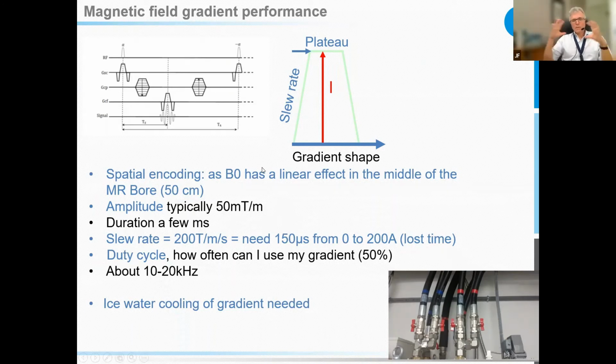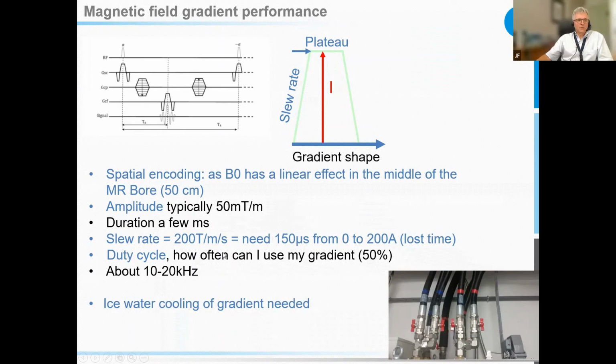Again, you remember we are in the middle of the system. Adding to the B0, we add this magnetic field here. As you probably know, this is, for example, an SSFP sequence. This is going very fast. This is a few milliseconds here. So this means that you have to go as fast as possible to the plateau here. Today, we have the slew rate to go from 0 to this plateau.